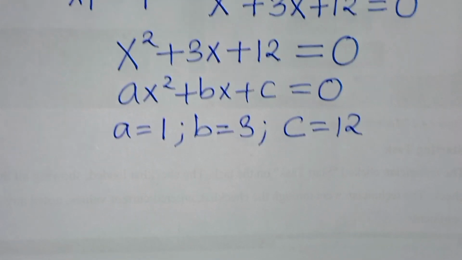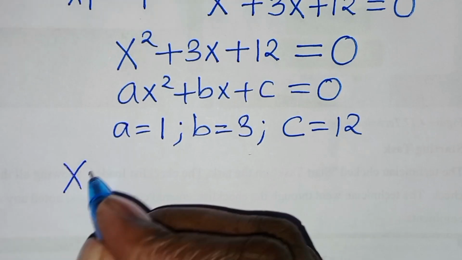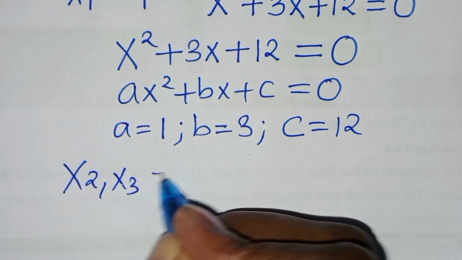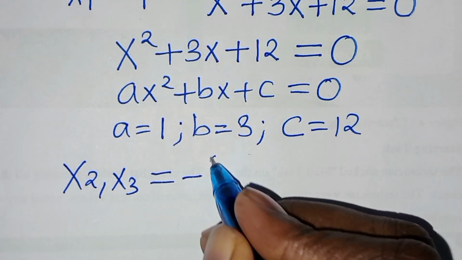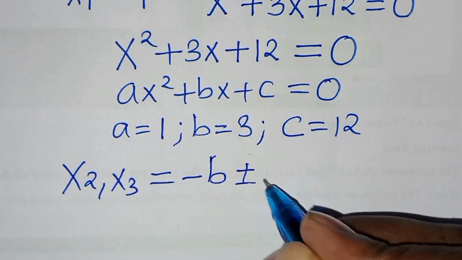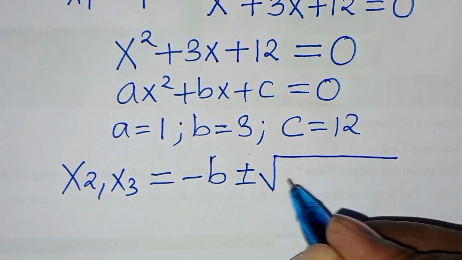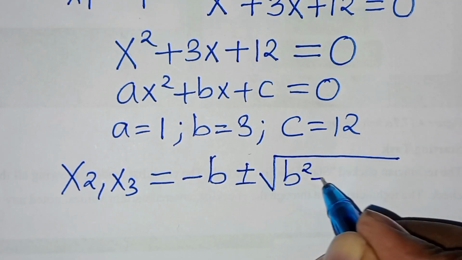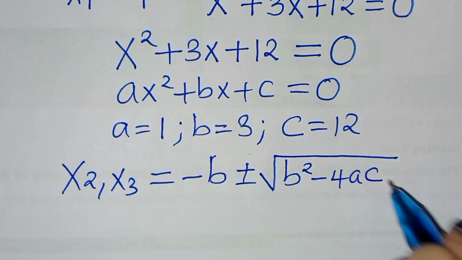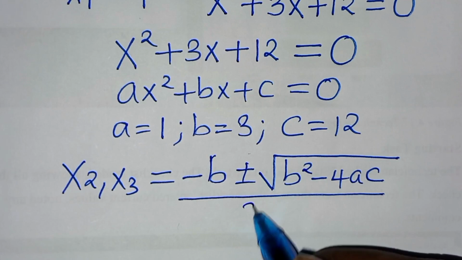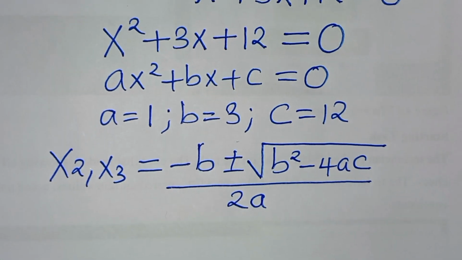Now, we apply the quadratic formula, that's minus b plus or minus the square root of b squared minus 4 times a times c, divided by 2 times a.